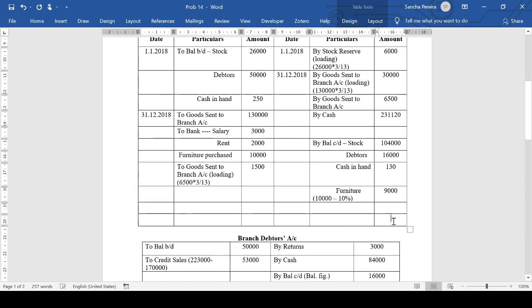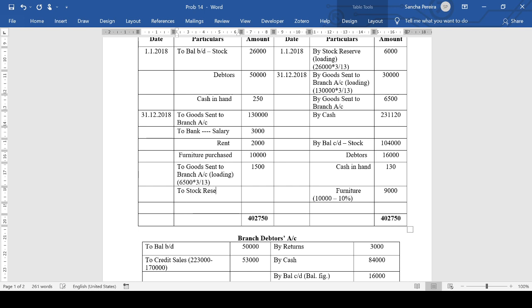If we total this, we will get 4,02,750, and the profit will be... Okay, I think I missed out one thing. I have not calculated the stock reserve. I forgot to do that. So I'll show that.